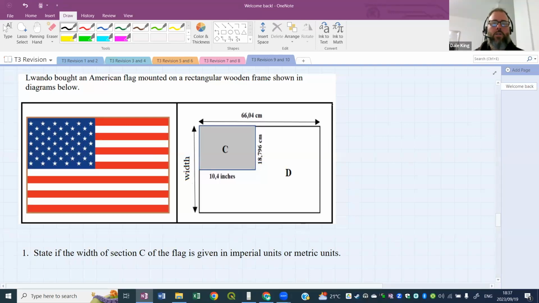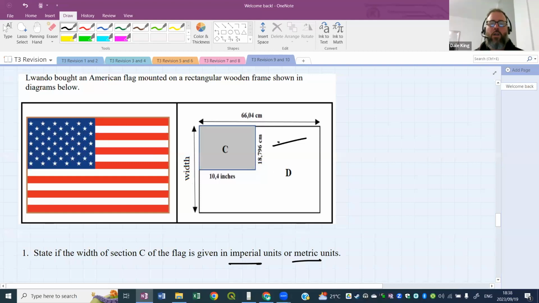Everyone should be typing in chat. The width of section C, is it in imperial or metric units? Everyone should be typing in chat now what the answer is for question one. You guys can see it there. Everybody should be giving me the answer for this. Imperial units or metric units.